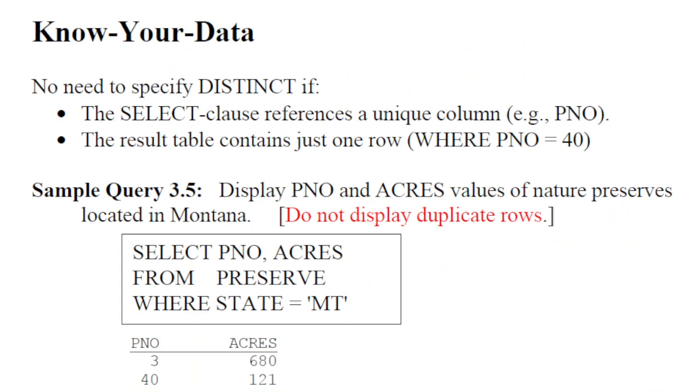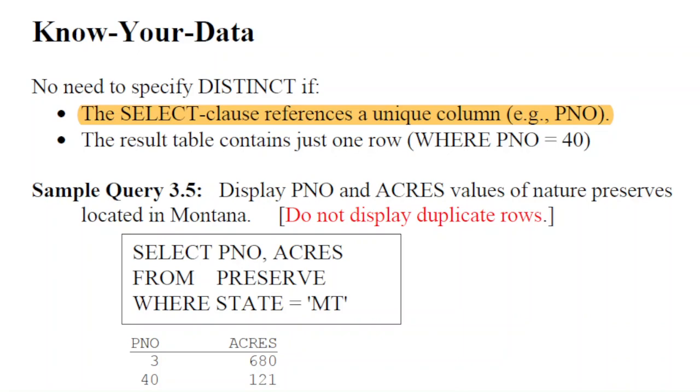Know your data. You will not need to specify distinct if you know the rows are going to be distinct anyways, because the select clause references a unique column like the P&O column. All right. If one column value is unique, any other column values that follow that column won't undo the uniqueness.